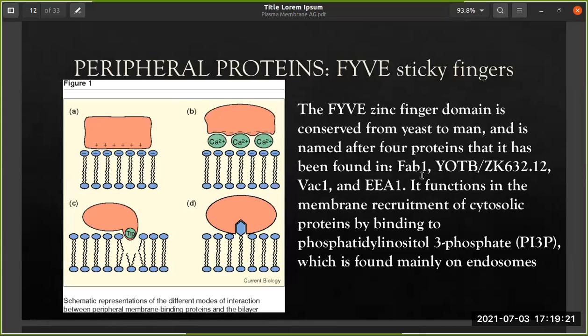Just know the names, but know that they are very important in signal transduction in the phosphatidylinositol 3-phosphate (PI3P) signal transduction pathway. We will study signal transduction later, but these peripheral proteins don't span throughout the membrane. An example is this FYVE sticky finger.